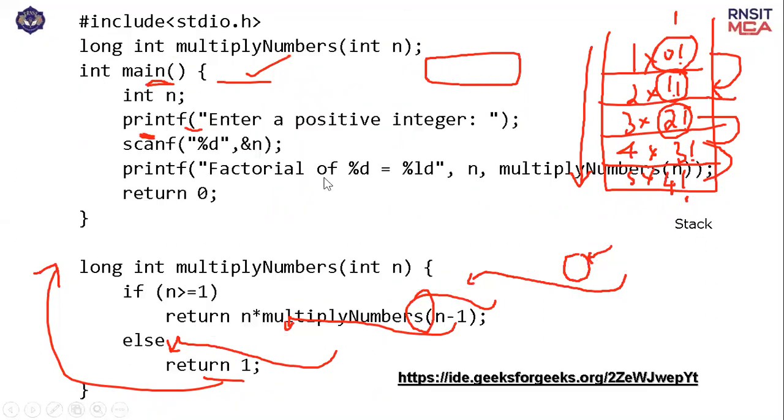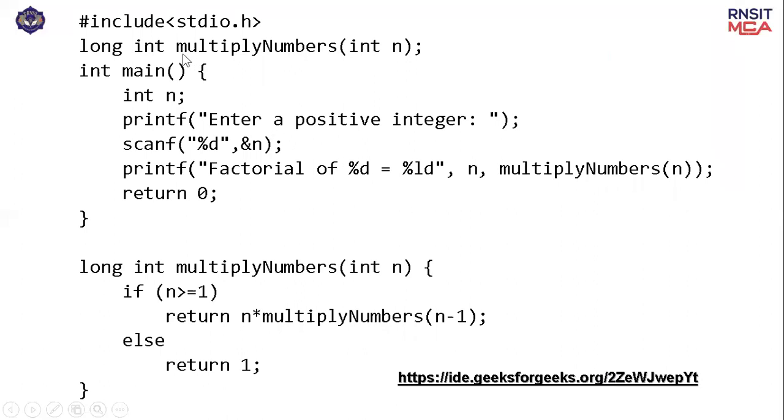Now, the same program is executed here. Look at here. You call it multiply numbers, or it is a factorial. The integer n is passed, and it will give you a long integer as the returning value, and the name of the function is multiply numbers.